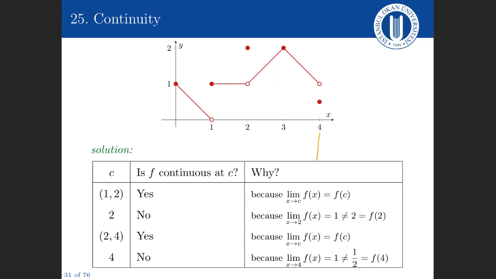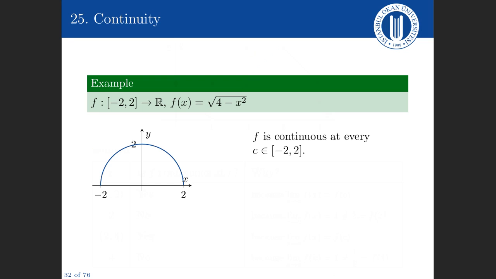What about at 4? The function is not continuous for the same reason. The limit exists and is equal to 1. If x is close to 4 but not equal to 4, then the function is close to 1. F of 4 exists and is equal to a half, but these two numbers are not the same, so the function is not continuous here.